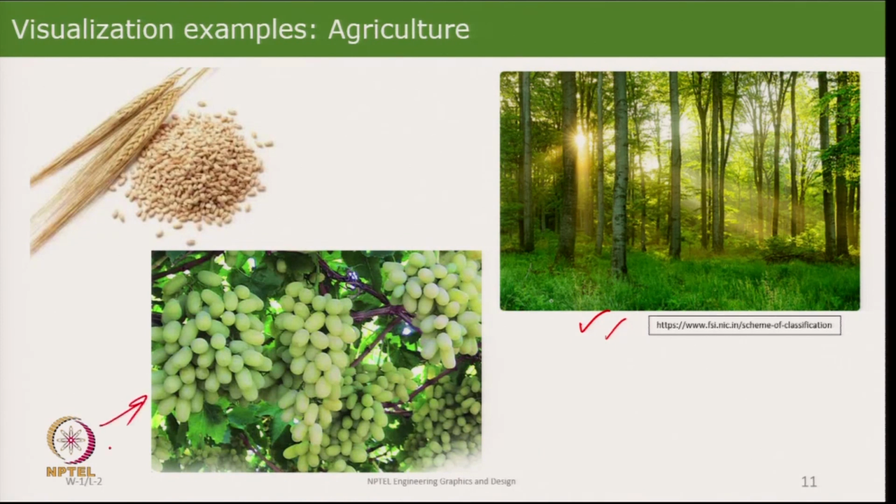This example you can all see, this is grapes, and in itself it has its own beauty. How are they arranged? That only nature decides, but it looks nice. And then what you would like to do is to figure out, first, are the grapes ready for picking?